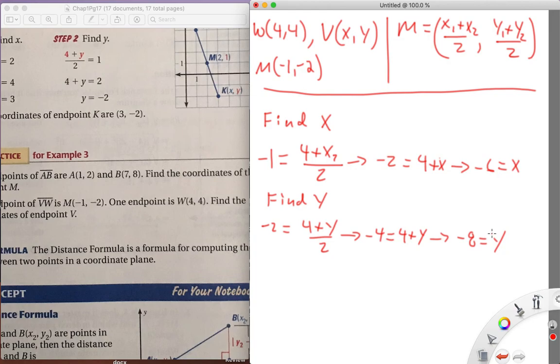So I got my x and my y. So endpoint V is equal to -6, -8. So when they give you an endpoint and a midpoint, you're going to have to find the x and the y separately with the midpoint formula, coordinate specific, and go that route.